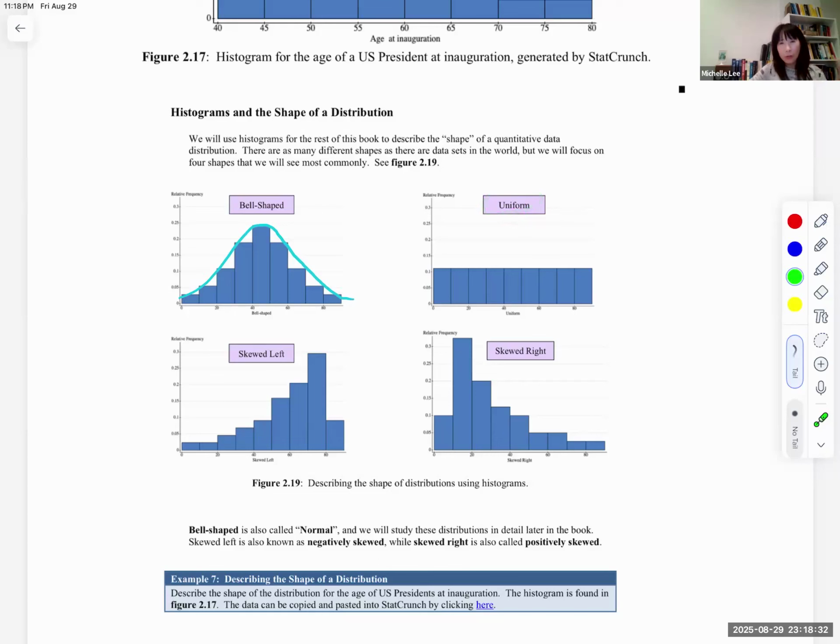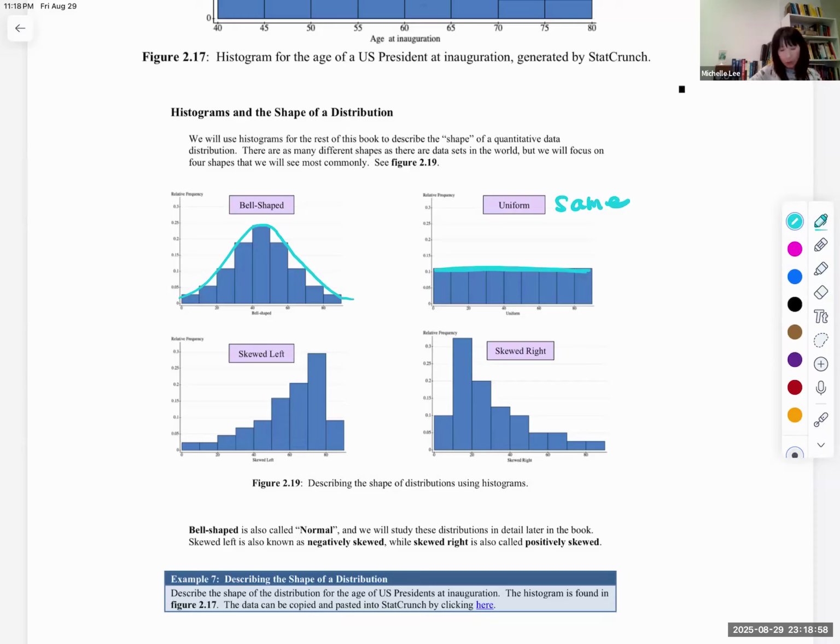When you hear the word uniform, what can you think about that? Everything's the same, right? So this is equally distributed, right? So same.